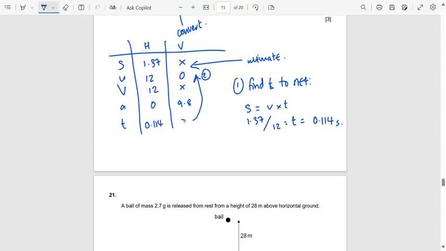So at 0.114 seconds, it passes the position of the net.